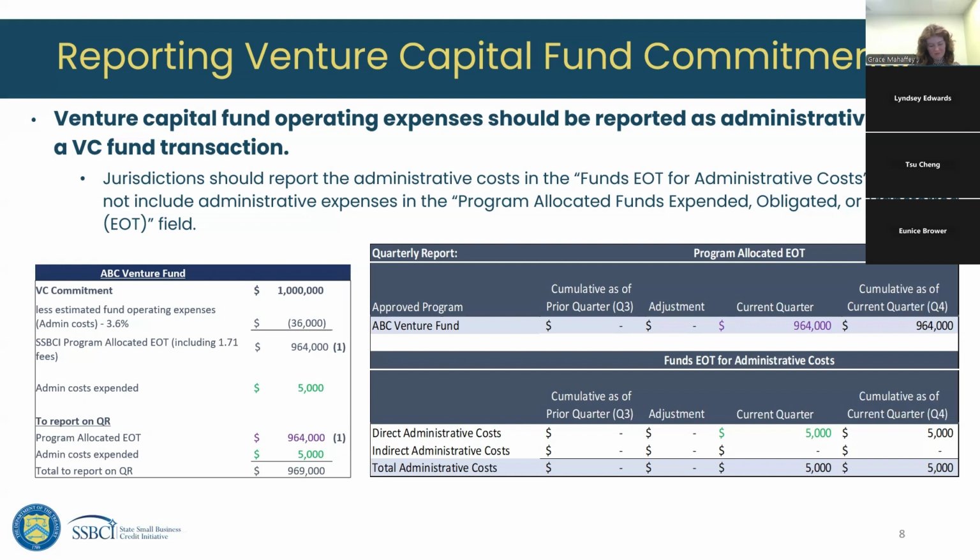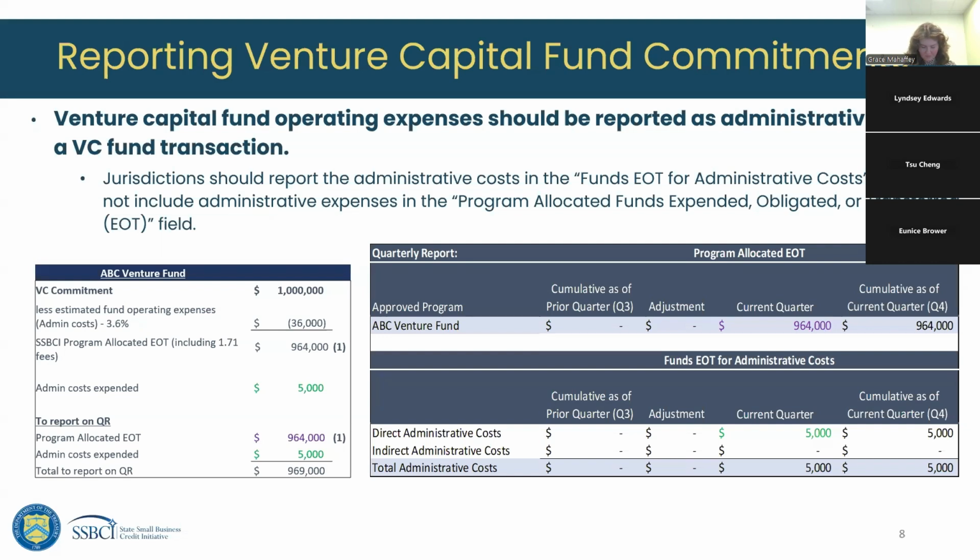The SSBCI funds for the program, including the 171, are reported under program allocated EOT. And the VC admin costs will be reported under EOT for administrative costs. However, you will only report the expanded portion on the quarterly report. On this slide, we have provided an example on how to report SSBCI commitment for this ABC Venture Fund.